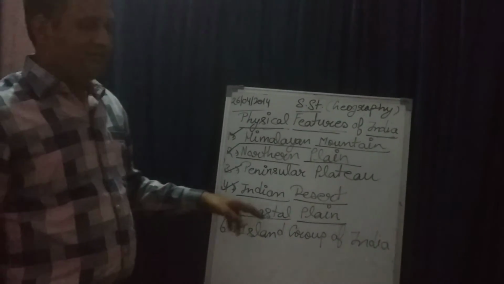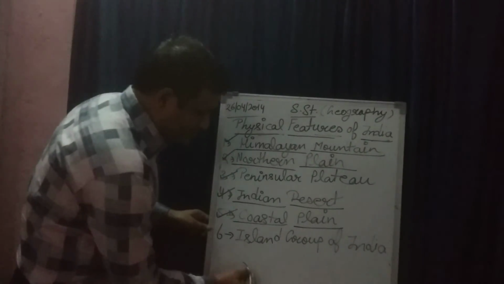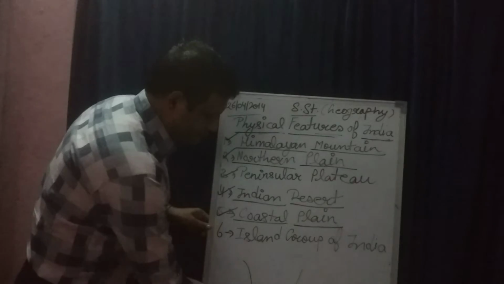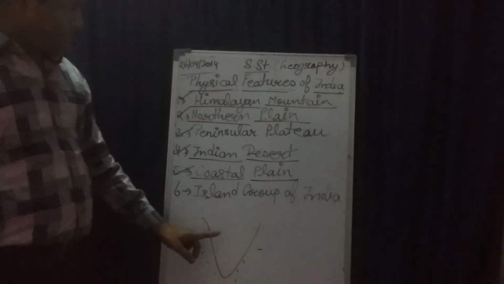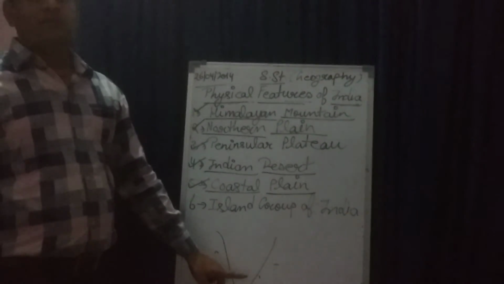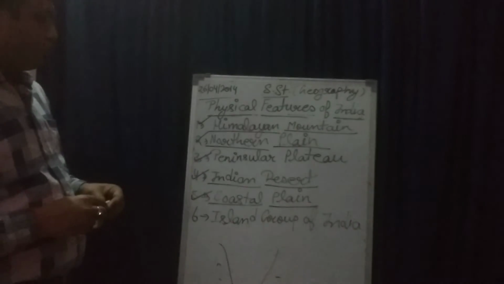So we have a very vast area of coastal land. It covers the South Indian parts, Maharashtra, Kerala, Tamil Nadu, Odisha. So we also have the coastal plain.